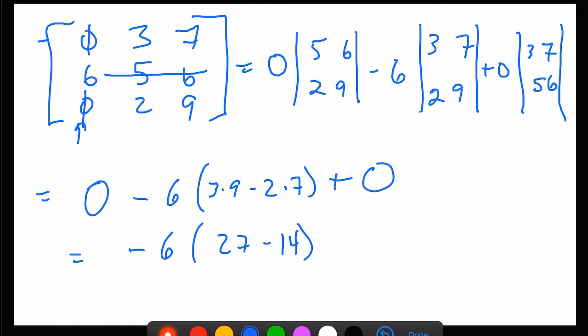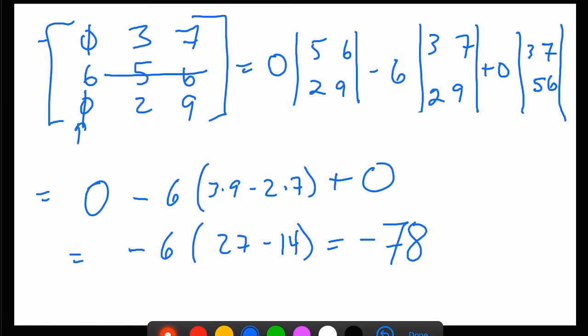So that's 13 times 6, 6 times 13. And that's the determinant.